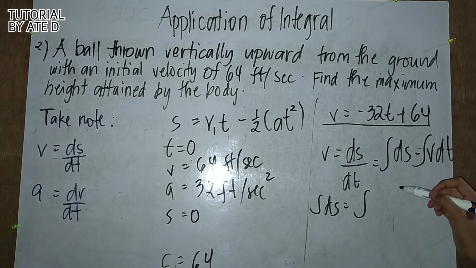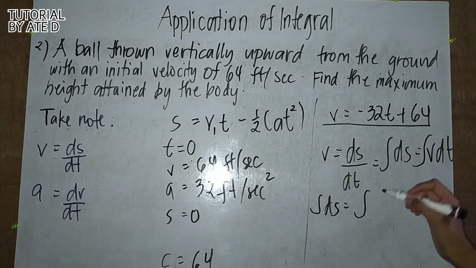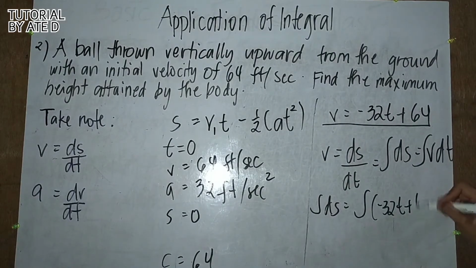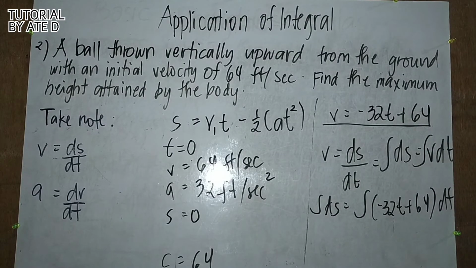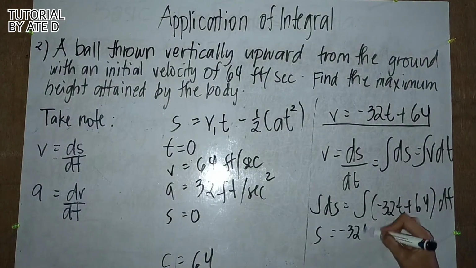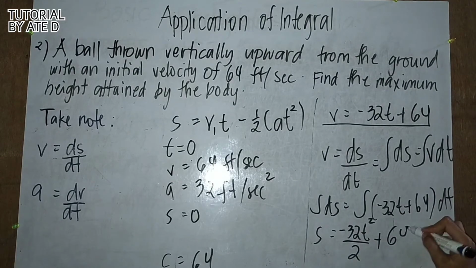So, dahil like terms, dapat kukunin natin yung value ng v. Ayan. So, negative 32t plus 64 dt. So, pwede na nating sagutan. s is equal to negative 32t squared divided by 2 plus 64t plus c.